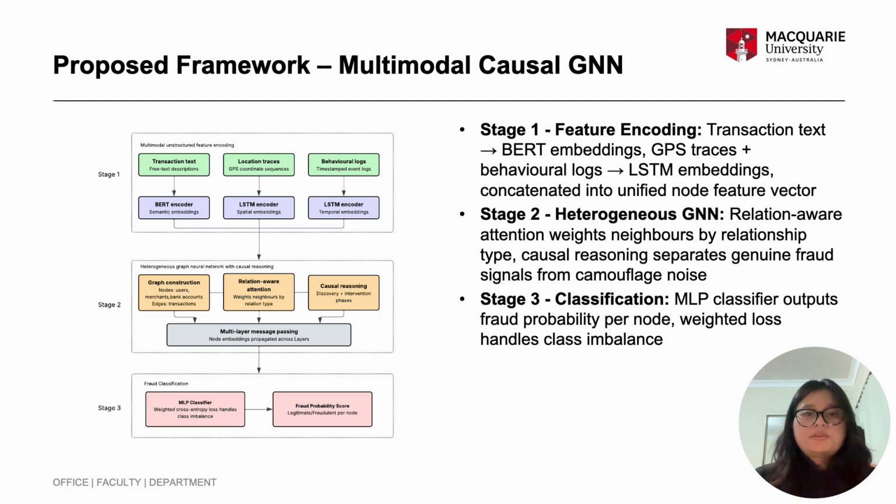Okay, so here's the proposed pipeline. The core idea behind this framework is bringing everything together in a way that no prior work has done. That is, instead of treating text encoding and graph learning as separate, disconnected steps, we train the entire framework end to end, meaning every component learns to work together towards the same goal of detecting fraud.